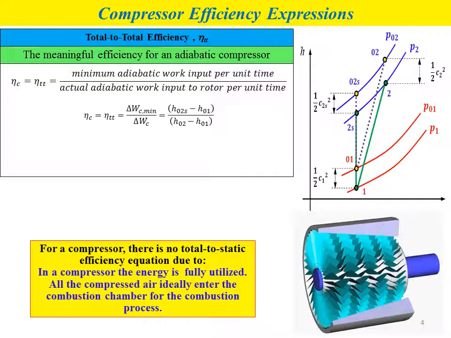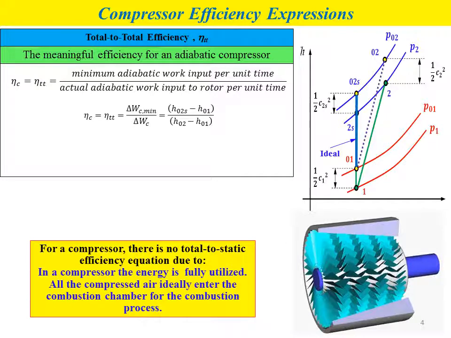Delta Wc minimum represents the work in during the ideal compression process, and delta Wc is the work in during the actual compression process, which is also equal to the enthalpy difference during the ideal process, H02s minus H01, divided by the enthalpy difference during the actual compression process, H02 minus H01.